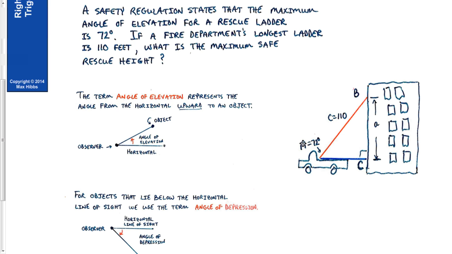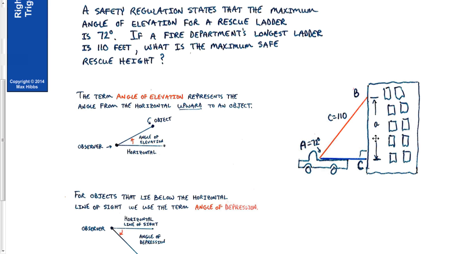And so I'm calling this maximum safe angle, 72 degrees, this angle A. And of course this is going to be the right angle, so I've labeled it C, and the angle with the ladder in the building up here is angle B, and of course the hypotenuse is 110 feet long.